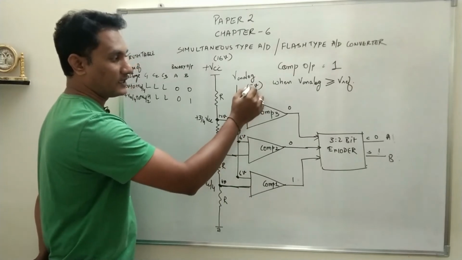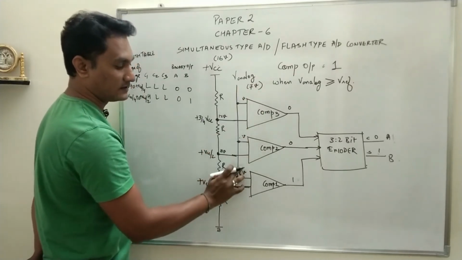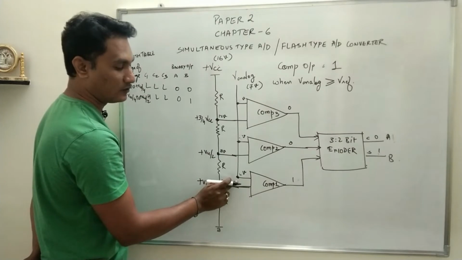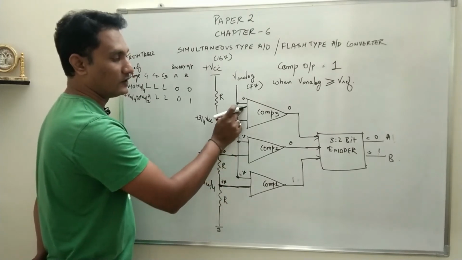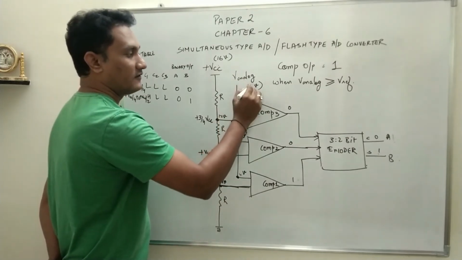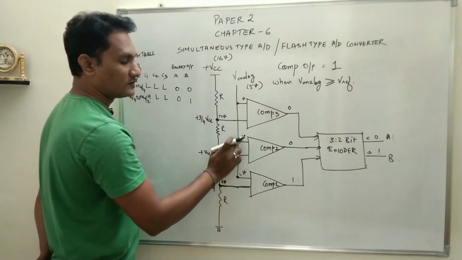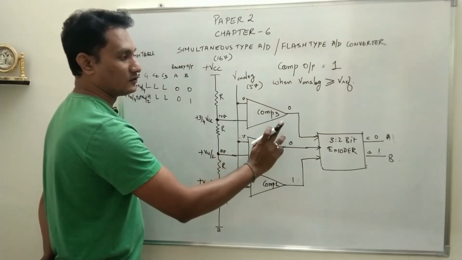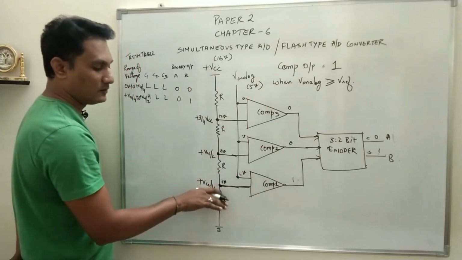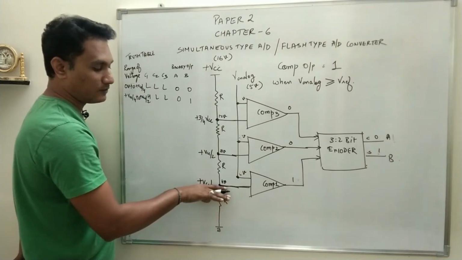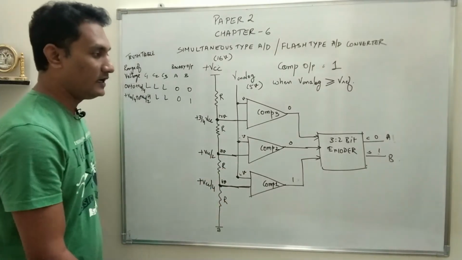Because even if I apply 7 volt, the same condition will prevail. Here the output will be 1, here the output will be 0, 0. If I say 5 volts, still here the output is 1, here the output will be 0, 0. So the range of voltage will be the limit as plus VCC/4 to plus VCC/2.